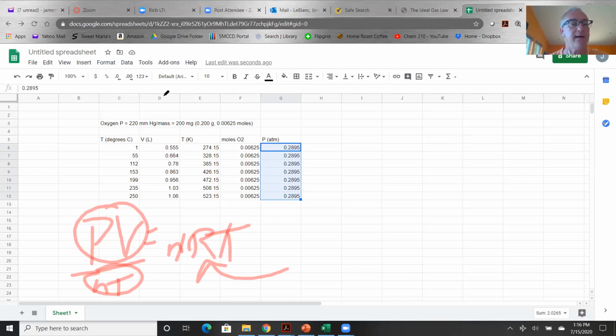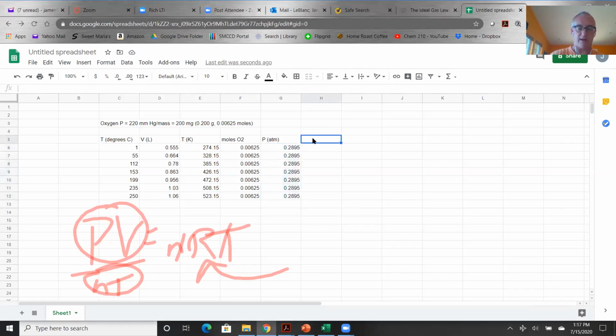I'm going to put nT here. I'm just going to call it nT because that's what it is. And my units are moles Kelvin. It sounds kind of weird, but that's what it is. I'm not going to do all these calculations by hand, I'm going to have the computer do it for me.